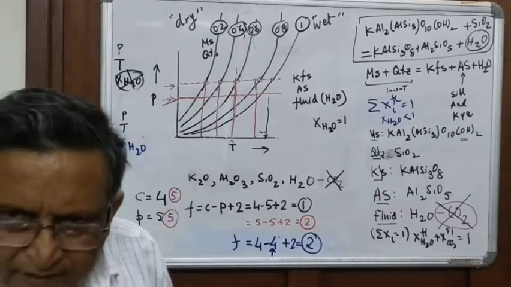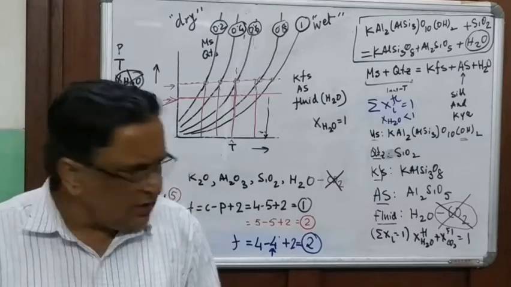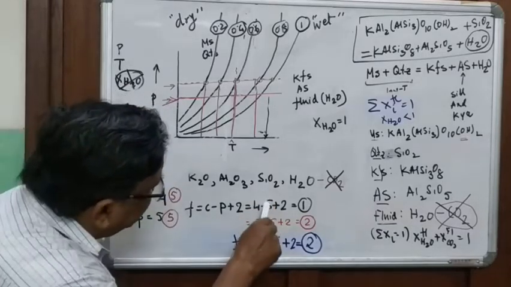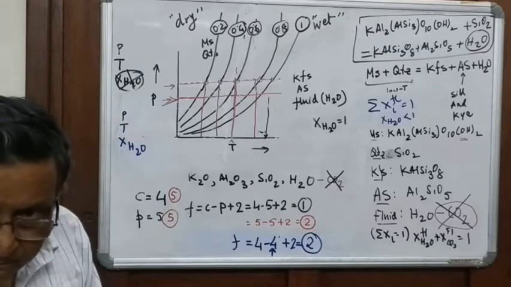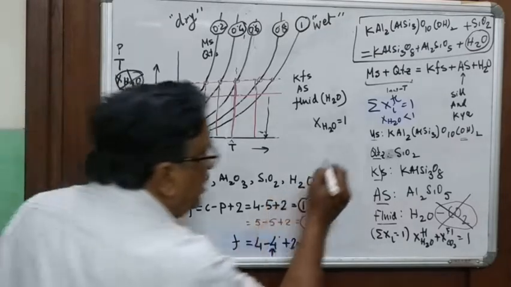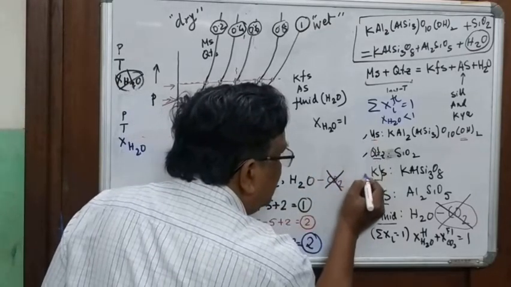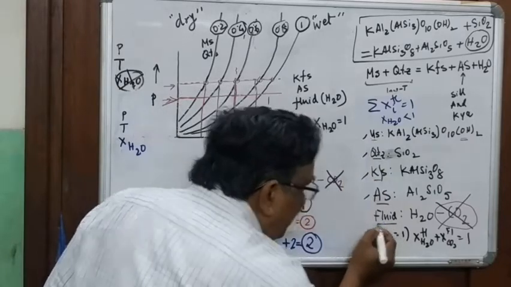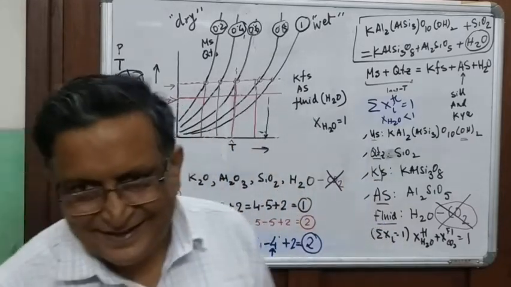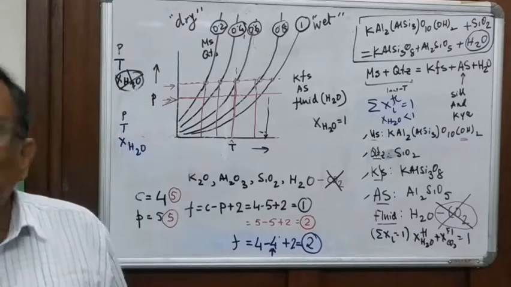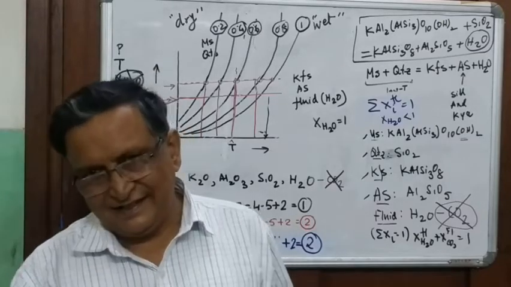Why 4 phases? Why not, like here, 5 phases? Because phases are 1, 2, 3, 4. Not fluids. Because fluid is not a phase anymore. Fluid is not a phase.